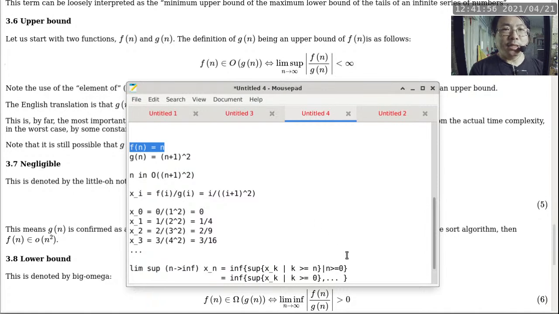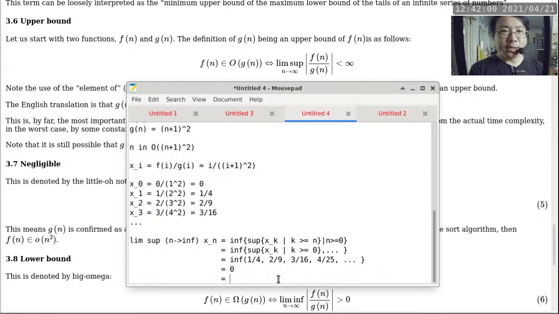All right. So let me put this in even more plain terms.